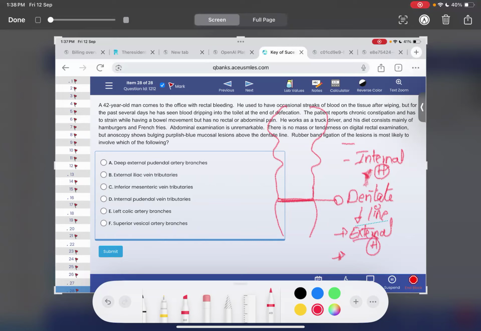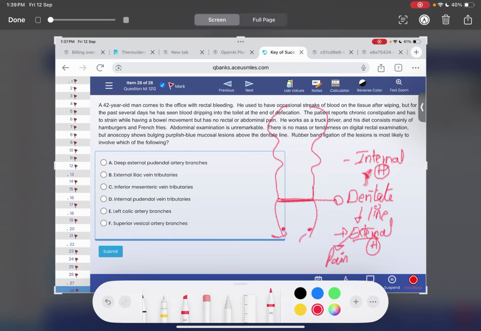Now, let's discuss the important thing over here, the clinical features: how will we differentiate on the basis of history? If you ask the patient whether pain is present whenever you defecate, and the patient says the pain is present, it means it comes under external hemorrhoid, because there is somatic innervation over here, so that will refer pain toward the somatic.